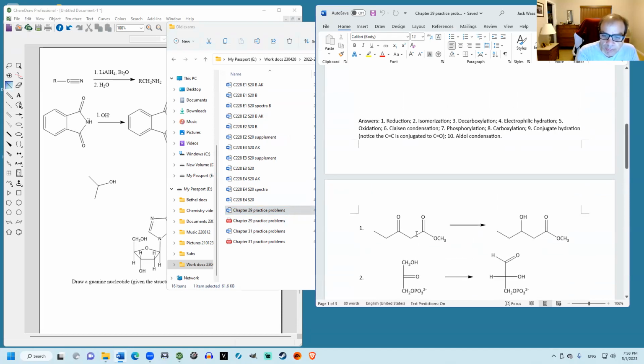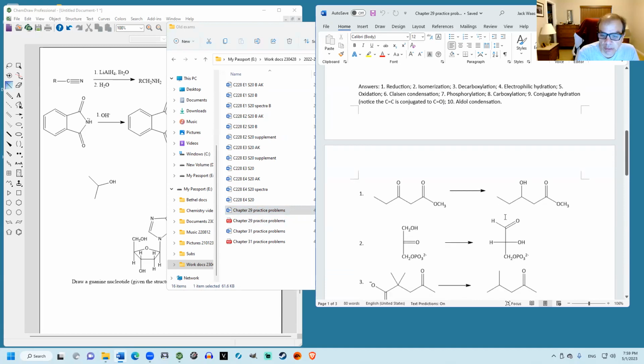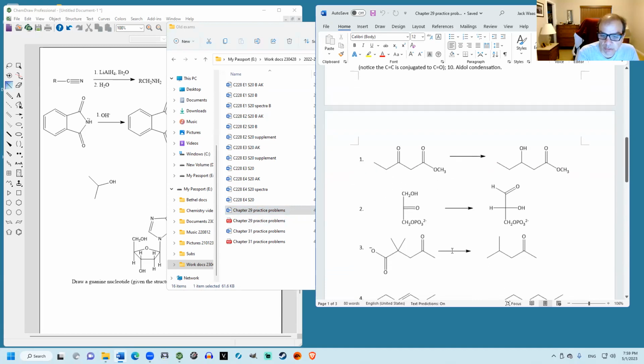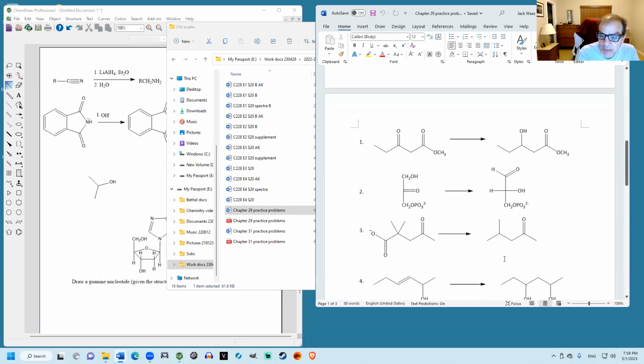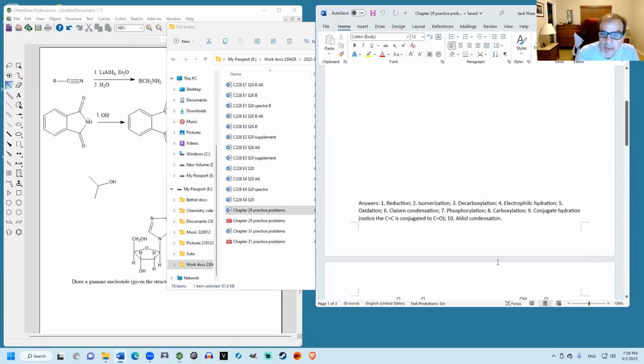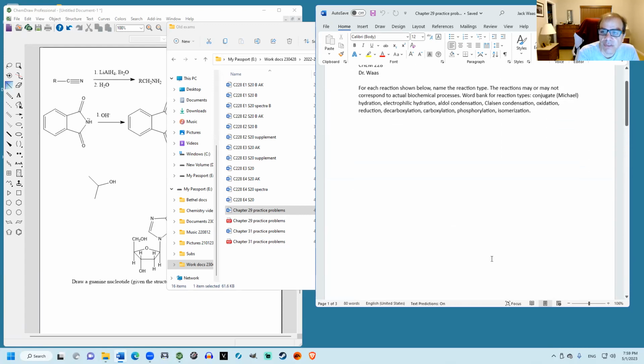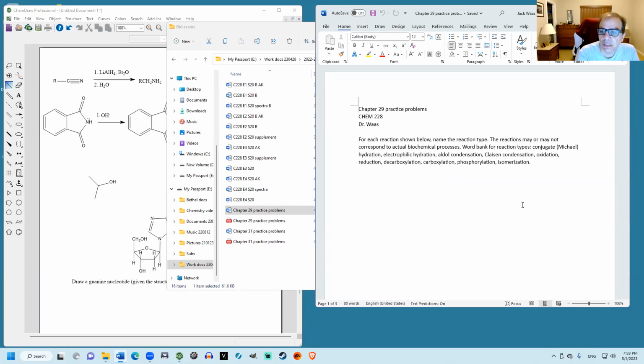So for example, on this one, always look for the part of the molecule that's changing. We're going from a ketone to a secondary alcohol. I would expect you to recognize that as a reduction. Or over here, we have an extra CO2 minus that's gone in the product. So that would be a decarboxylation. And I did give you a word bank.